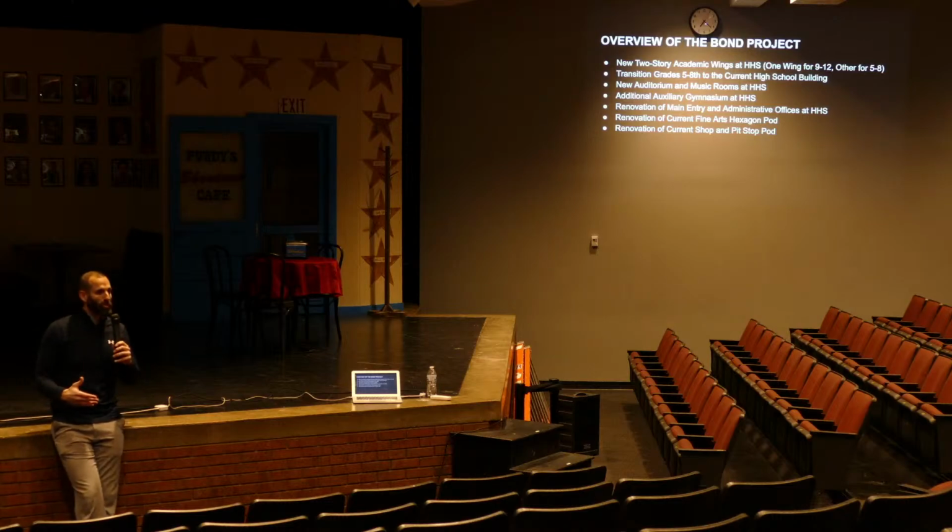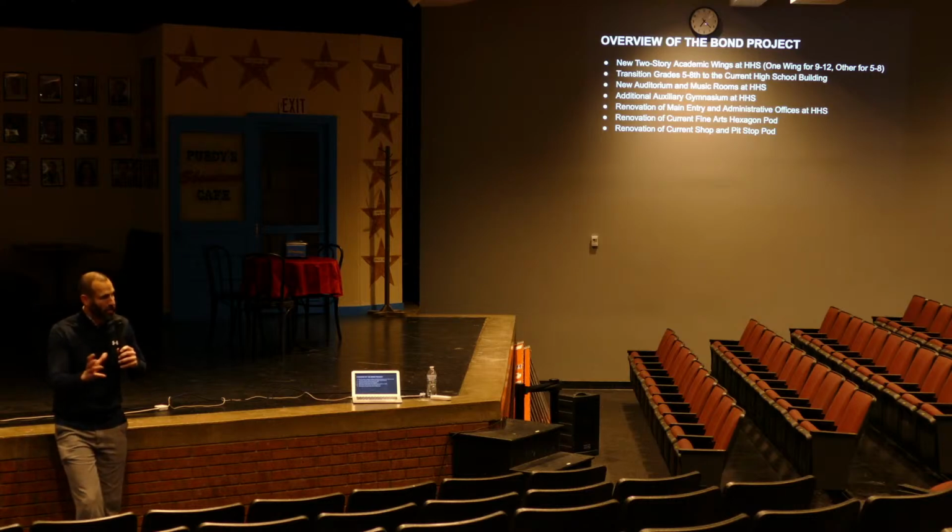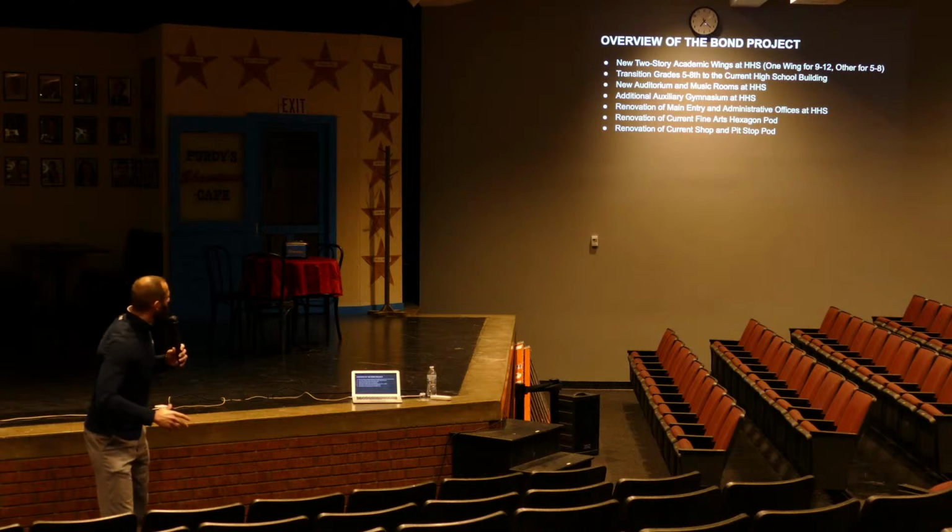The 2 stories would allow us to have a middle school wing and a high school wing. So you would have a separation of 5-8 and 9-12. We would not be building a second story on any existing structure, so it would be all new where that academic area would be constructed.